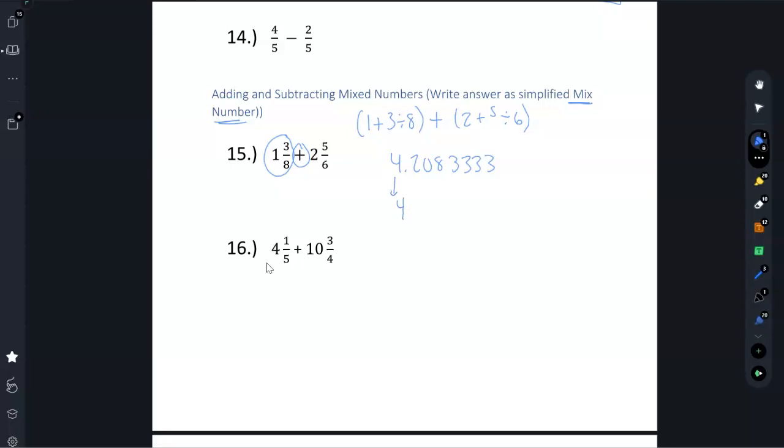So I'm going to subtract 4 from this, and then I'm going to be left with this decimal, and then I can turn that decimal into a fraction. Which I would get 5/24.